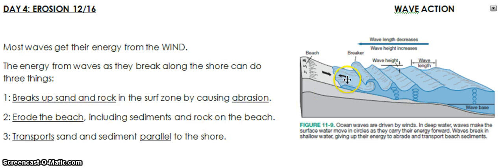As soon as our wave crashes down here on the shore, they're going to be breaking up the sand and rock in the surf zone, which is going to be through that process of abrasion, so grinding and scraping of the sediment. They can erode the beach, including sediments and rocks on the beach themselves. And then they can transport sediment from one place to another. Typically, this is parallel to the shore.